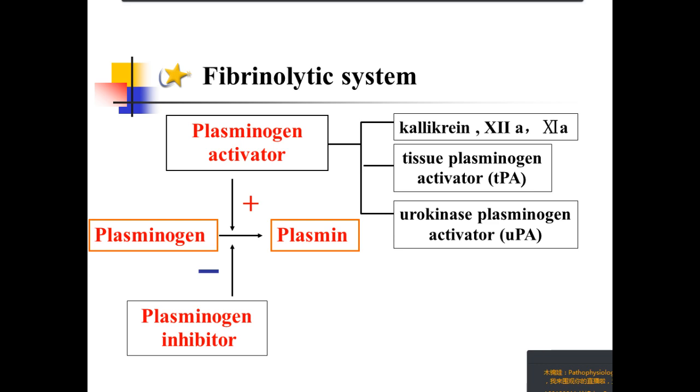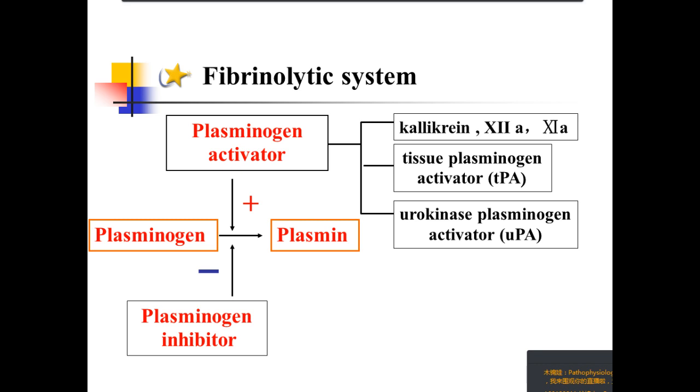They increase because they belong to plasminogen activator, so they lead to plasminogen forming plasmin, and the system is activated. So we know the coagulation system and the anticoagulation system are stimulated, and next the fibrinolytic system is activated, because the coagulation system is activated and forms plasminogen activator.